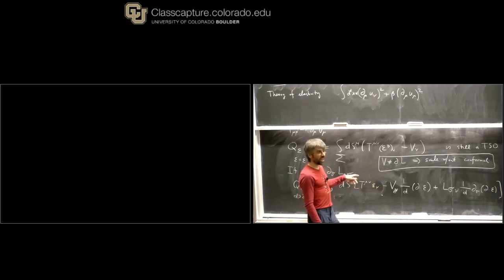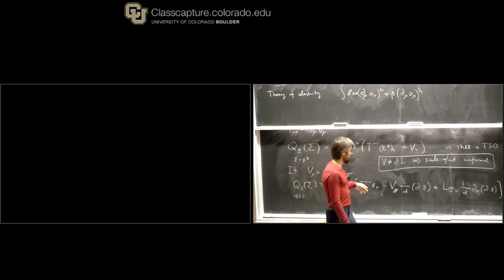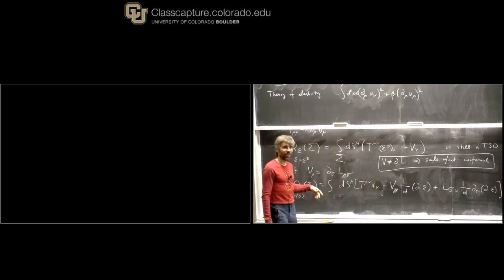But there are some cases in 2 dimensions. There are 2-dimensional local Gaussian free theories which are actually invariant only under SL(2,C), but not under the full Virasoro algebra.